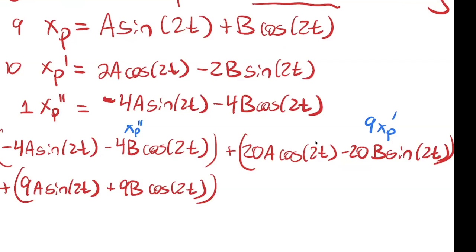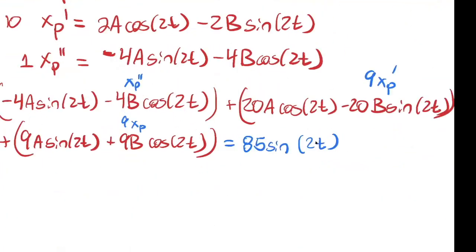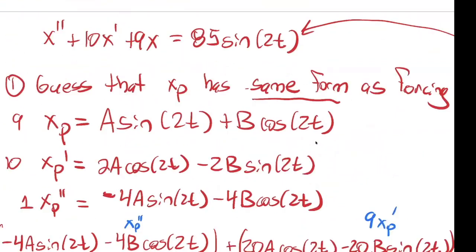And this piece comes from the 9x times b. And then what we need is the left side, if this is going to be a solution, to give me 85 times the sine of 2t. So this is step 2, which is plug it in and check.